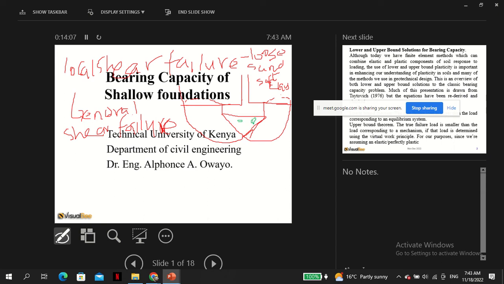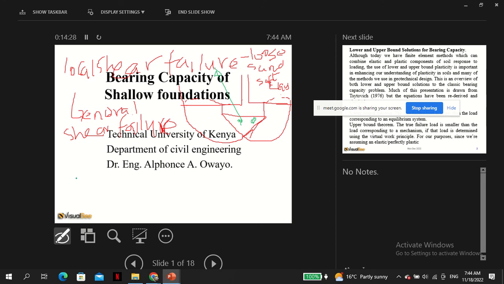Some of the soil here will yield, not the entire structure of the soil, but some local areas here will fail. This is usually associated with loose sand and soft clay. So that's what we call local shear failure.